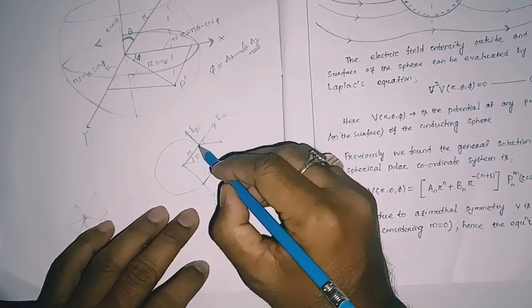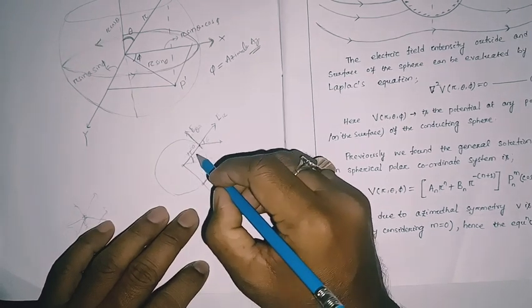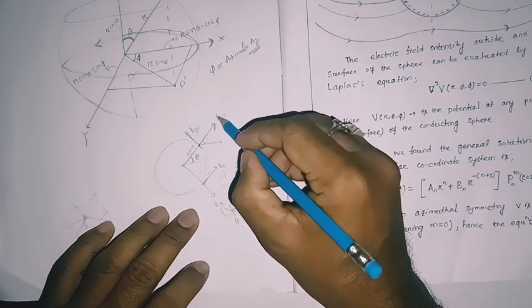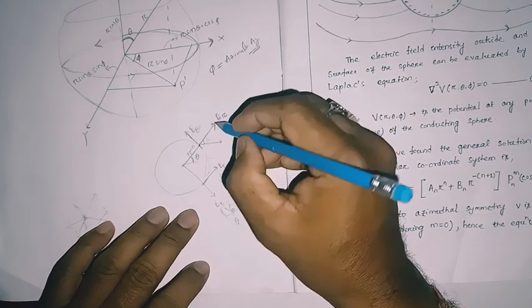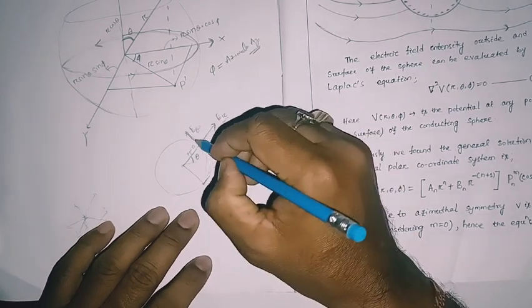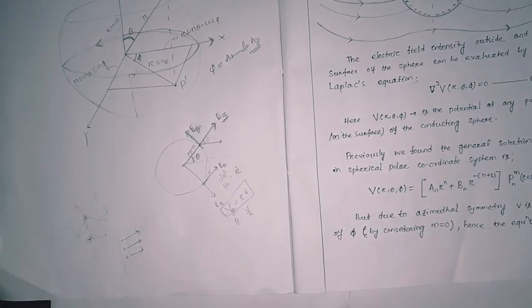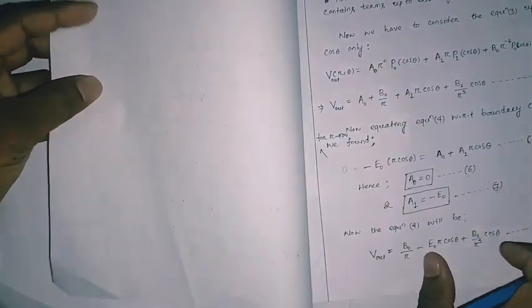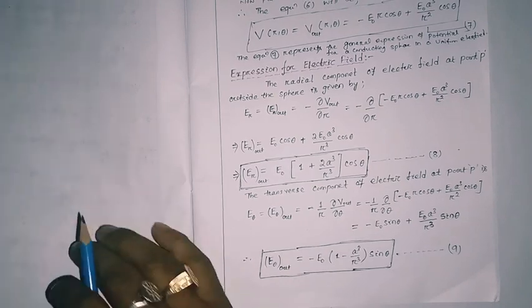This point is at a distance, suppose r equal to a, with an angle theta. This is the radial component of electric field intensity here, and perpendicular to this E r, this is the polar component. Here we are first going to calculate the expressions, then go for the concept.